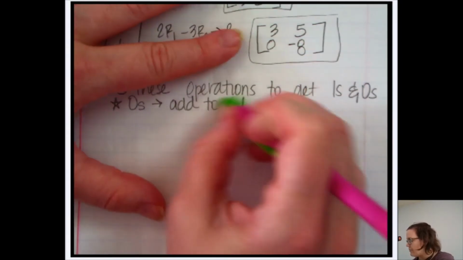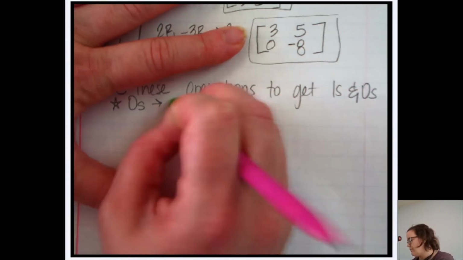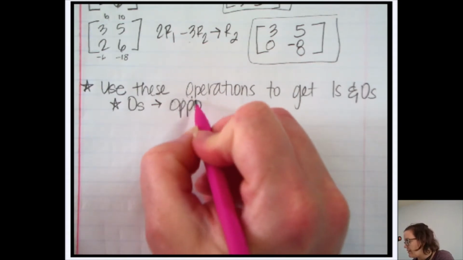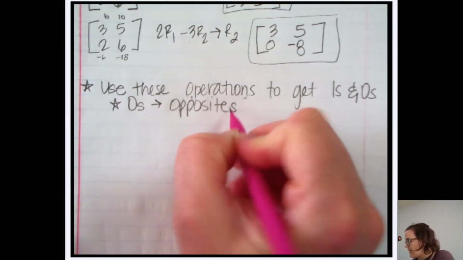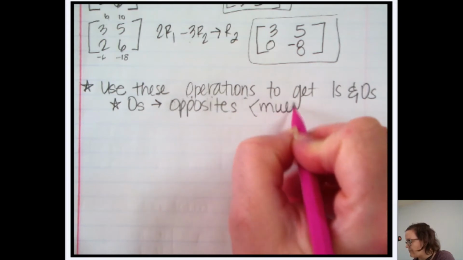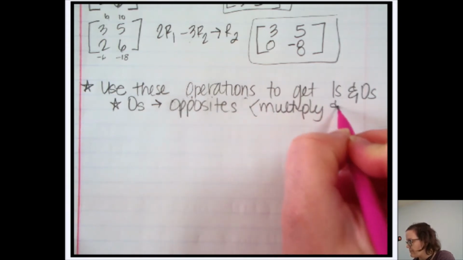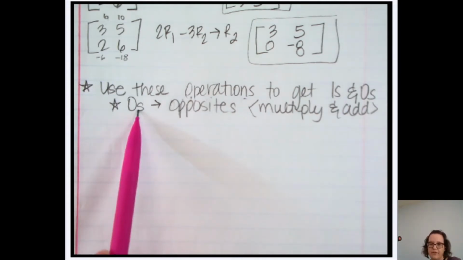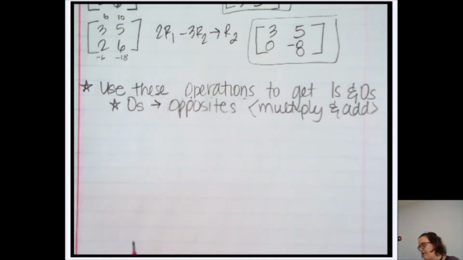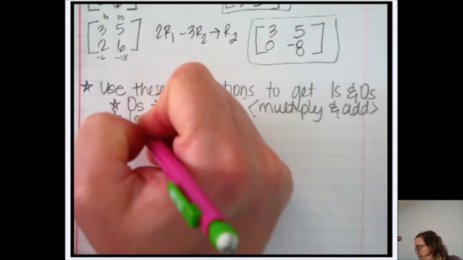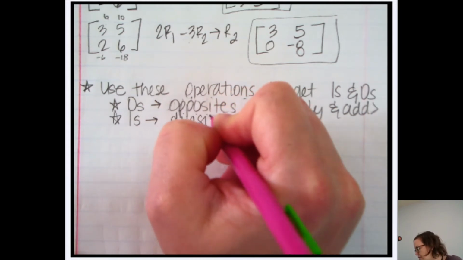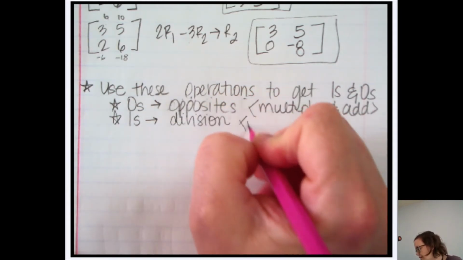So we have to add and multiply. If you want zeros, we're going to get opposites, so we're going to have to multiply and add together. And if we want ones, we do that by division, which is multiplication.